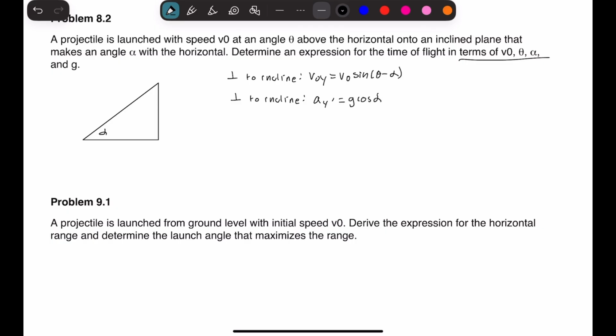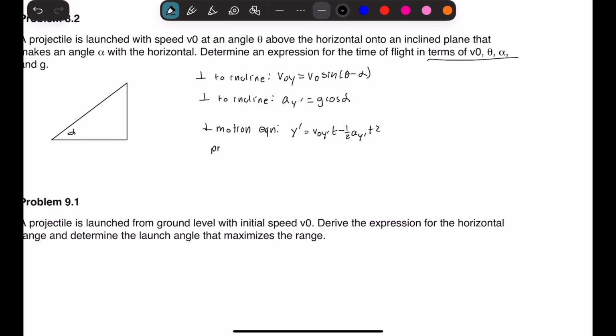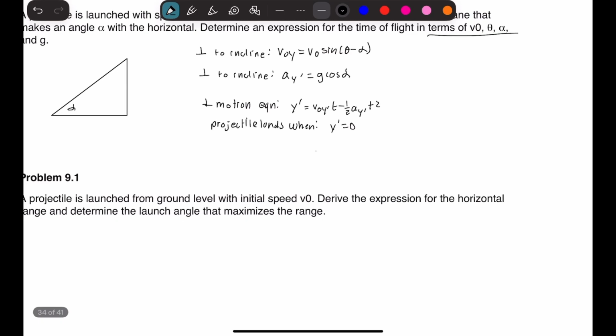Now if you use the perpendicular motion equation, we have y prime is equal to v initial y prime t minus 1/2 a_y prime t squared. And we know that the projectile is going to land when y prime is equal to 0. So 0 is equal to v initial sine of theta minus alpha times t, minus 1/2 g cosine alpha t squared.